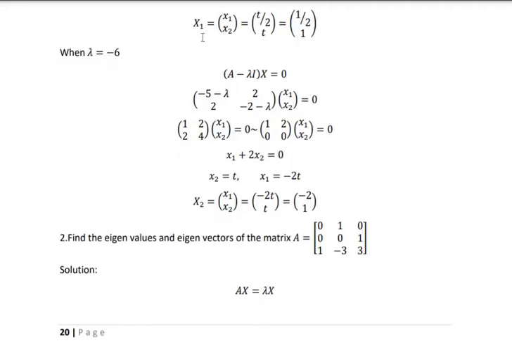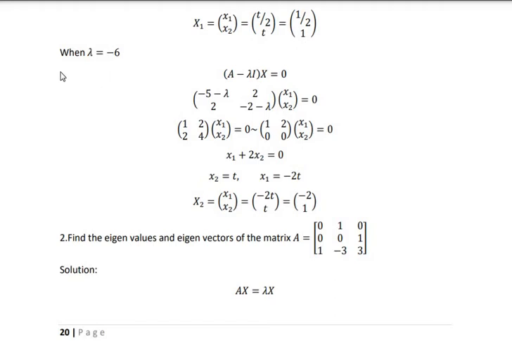Therefore, the eigenvector corresponding to lambda is equal to minus 1 is x1, x2, where x1 is t divided by 2 and x2 is t. So the eigenvector is 1 by 2, 1.